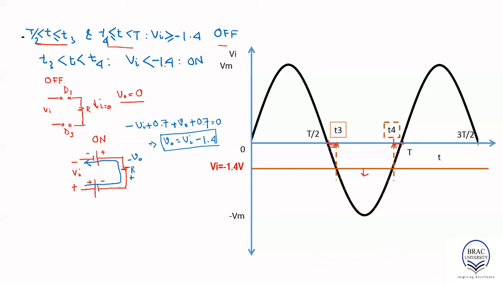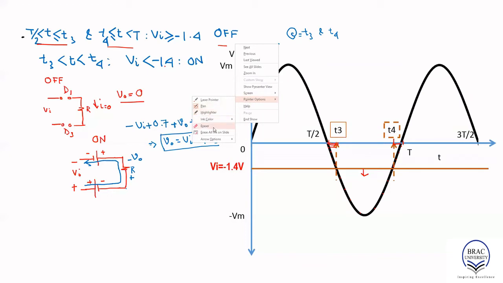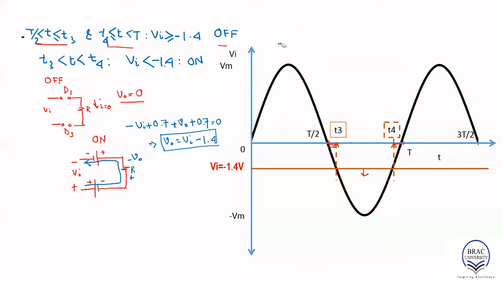It's already at T3 and T4. At T equal to T3 and T4, we know Vi is equal to 1.4.